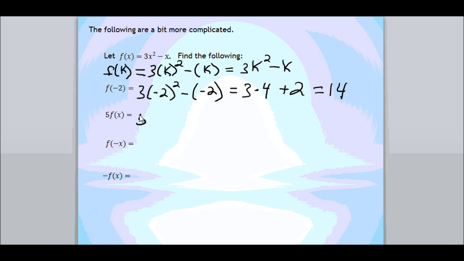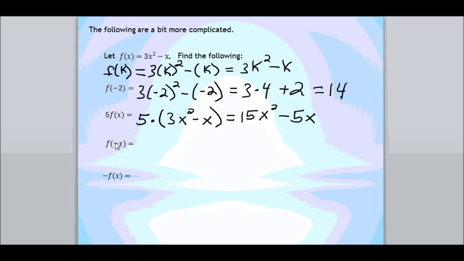So it's going to be 5 times whatever f of x is, which is 3x squared minus x. And then just distribute. It would be just like distributing from last semester. So we get 15x squared minus 5x.